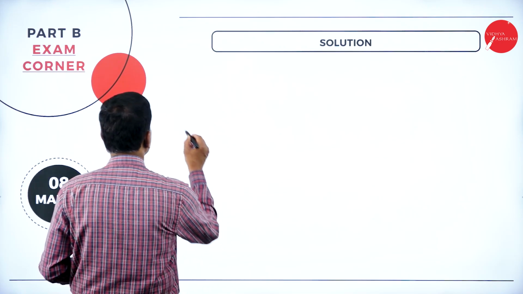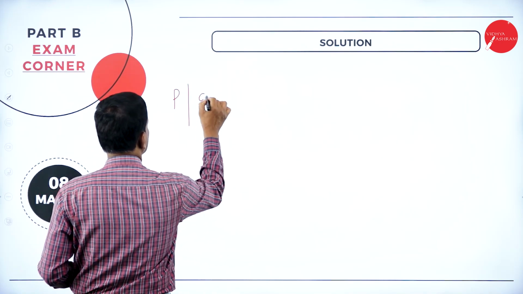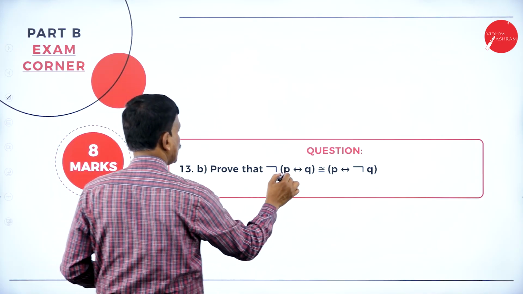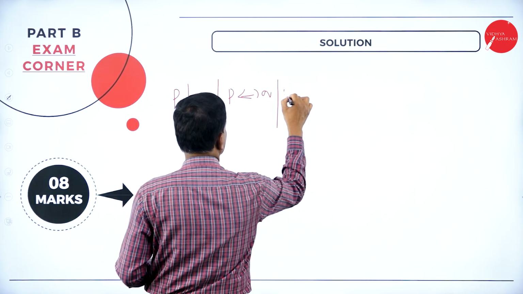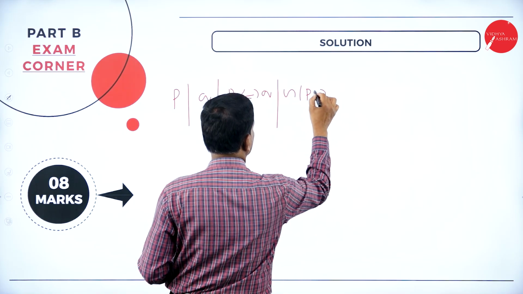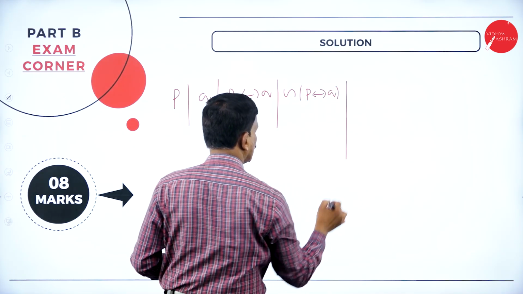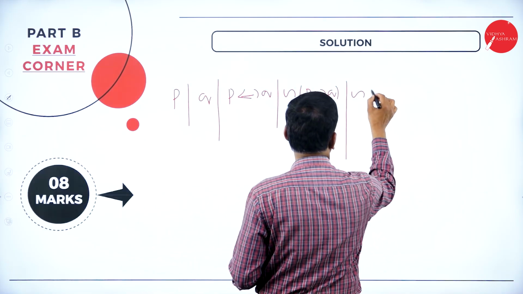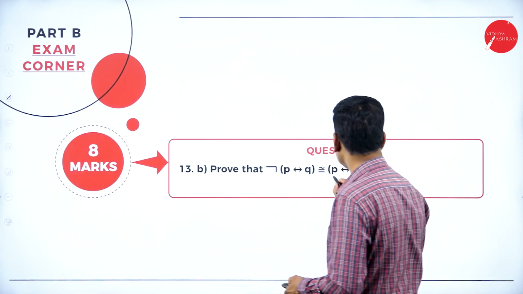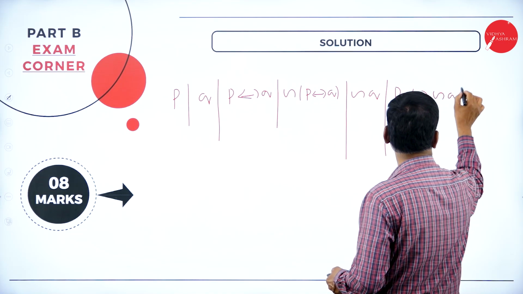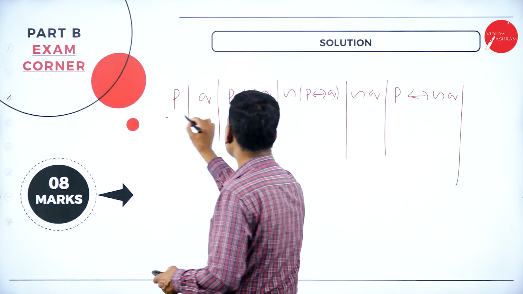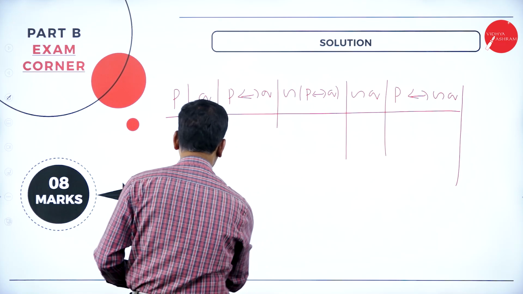Now, write down first P, then Q, P biconditional to Q, then the negation of P biconditional to Q, then negation of Q, and the last one is P biconditional to negation of Q. So, just split it like this.